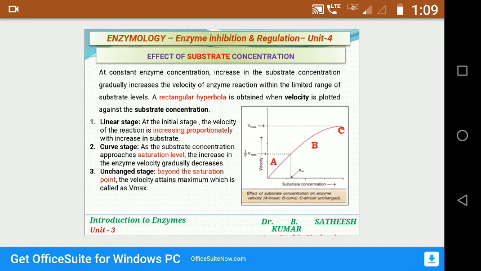That region is called the unchanged stage. The unchanged stage is where the substrate concentration is far in excess of the saturation point. So we will get a rectangular hyperbola.